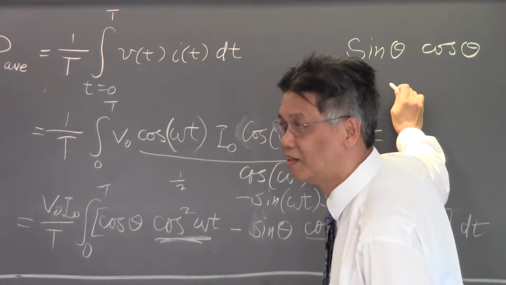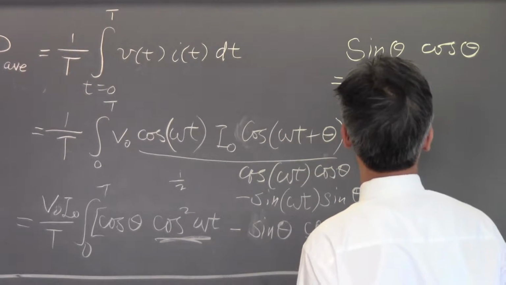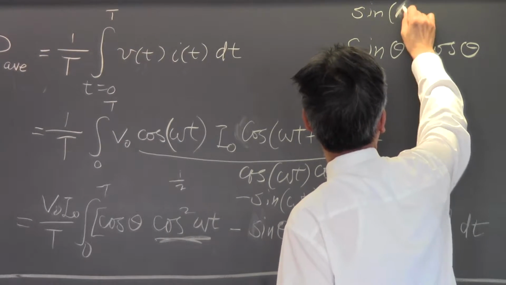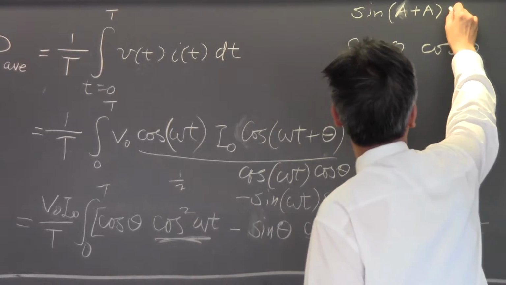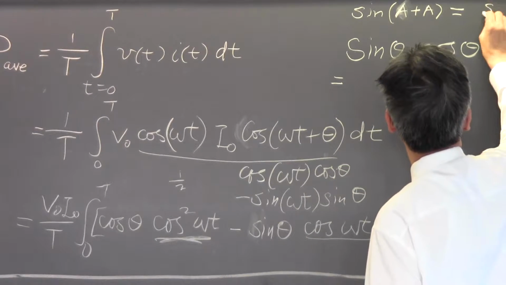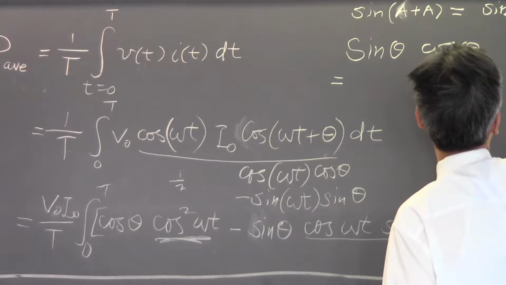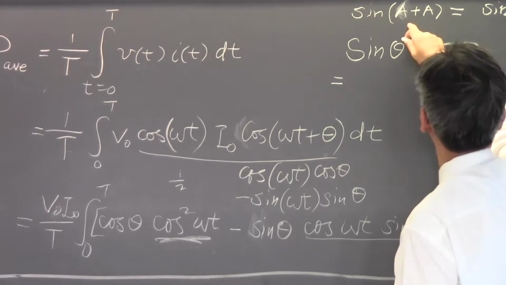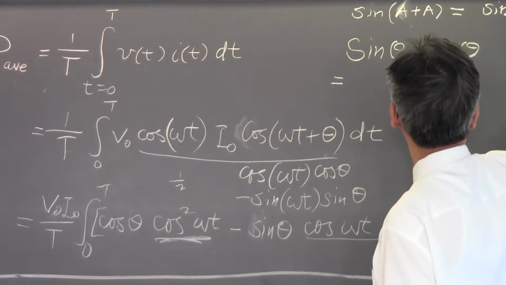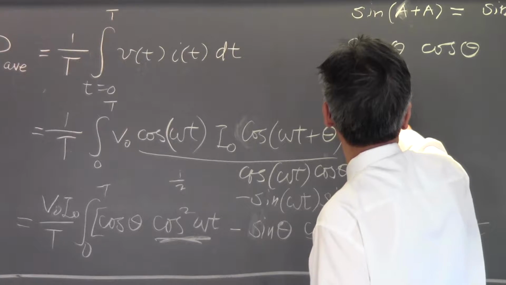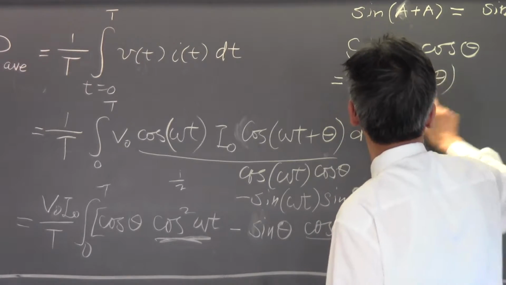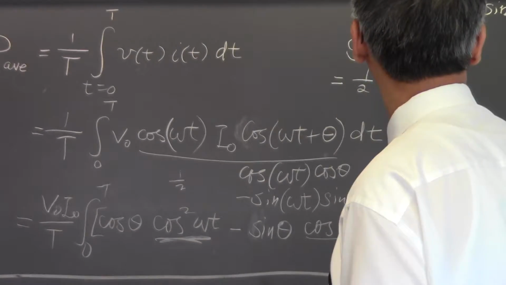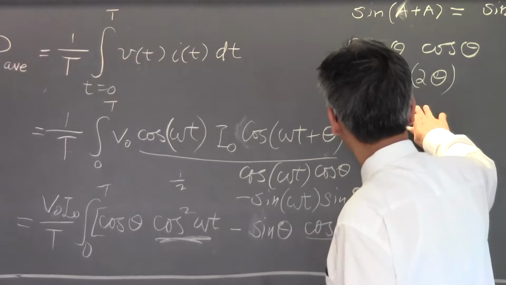I know that sin of (A plus A), using the trigonometric identities, is sin A cos A plus sin A cos A, right? If I apply this trigonometric identity, it means that this one must be half of sin 2θ. So this must be true.